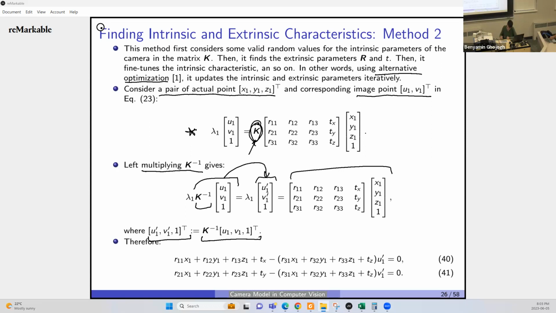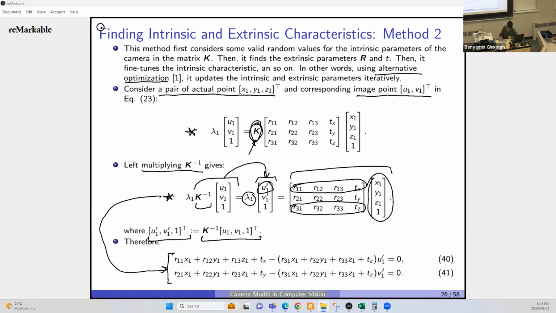So let's simplify this into 2 equations. This is exactly because we know that lambda 1 equals R31 x1 plus R32 y1 plus R33 z1 plus tz. And also I have lambda 1 u1 prime equals this times this, and I replace lambda 1, which I found. I rearrange the terms, I will have this.